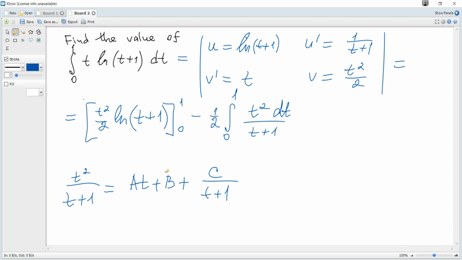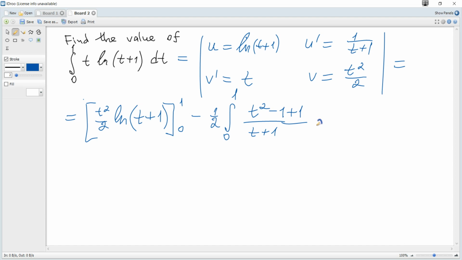And then, as usual, you make a common denominator, then equate numerators, consider some specific values for t, and find a, b, c. But instead of this, I do the next. I just subtract and add 1 in the numerator.